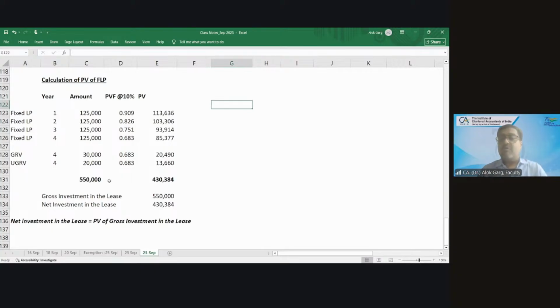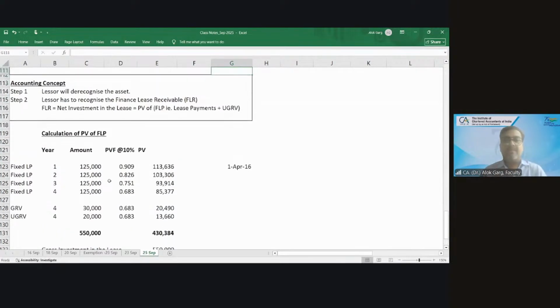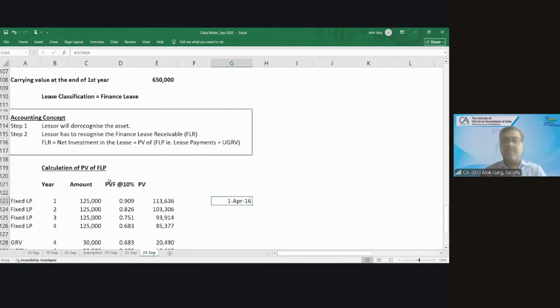Now, what is my accounting entry? On 1st April 16, what accounting entry do I need to pass when I classify this asset as a finance lease? I have to de-recognize the asset. Step number 1, the lessor will de-recognize the asset, the car account.